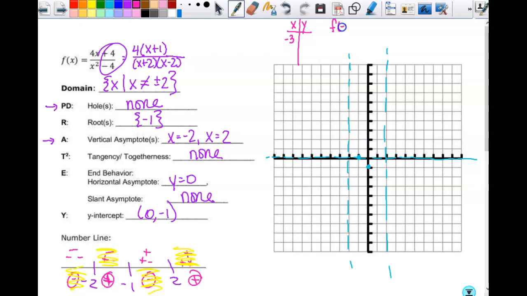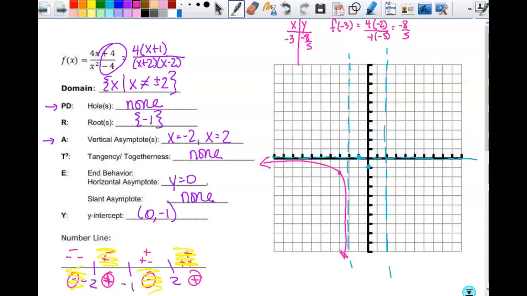If I find f of negative 3, that's going to give me 4 times negative 2 over negative 1 times negative 5, and that's going to give me negative 8 fifths. So I can go to negative 3, negative 8 fifths, that's going to be negative 1 3 fifths, it's about right there. I think that's good to get that part drawn in right there.